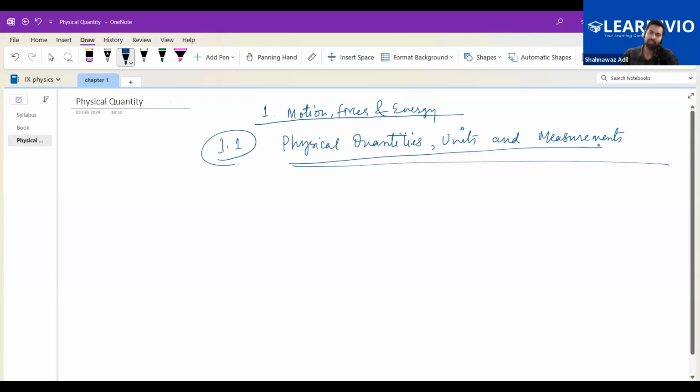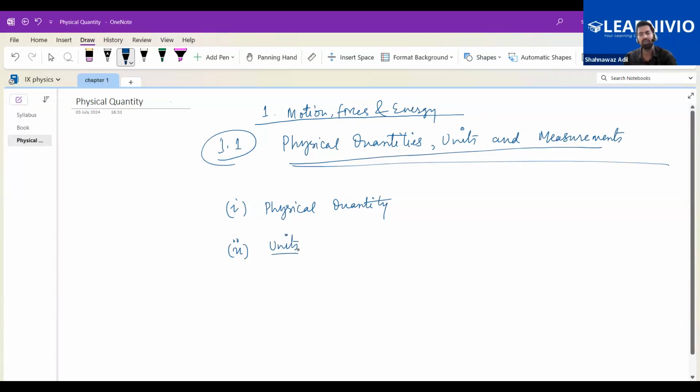So in the first part, we will be talking about what a physical quantity is, right? And then we will be talking about units, right?